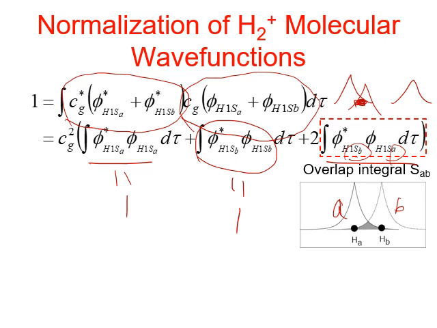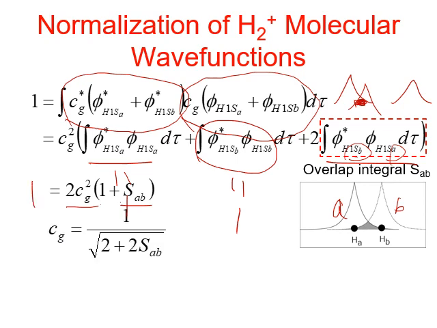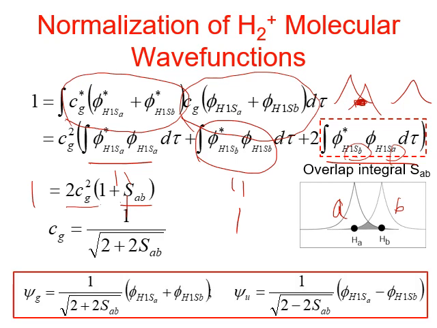Okay, so now the normalization condition becomes 2Cg² times 1 plus the overlap integral, where Cg is the coefficient of the gerade wave function. For this to be 1, Cg can be calculated, and therefore we can find the molecular orbital for the gerade molecular wave function, when the two atomic orbitals have the same sign.